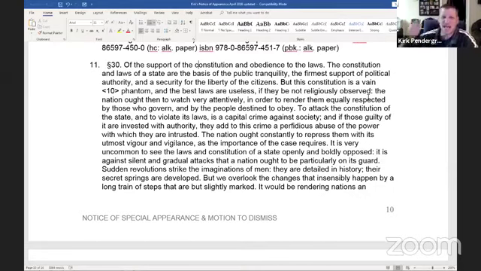We're supposed to pay serious attention in order to render them equally respected by those who govern. That's right. And by the people destined to obey. So again, this is from the Law of Nations. It's all up to our founders, how they created our form of government and how that all works and applies.